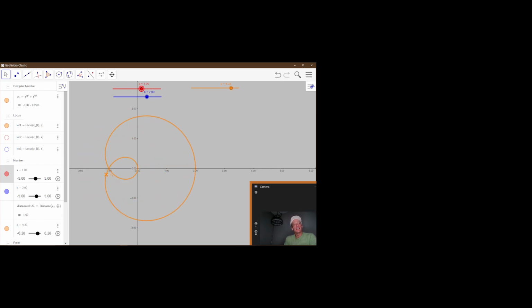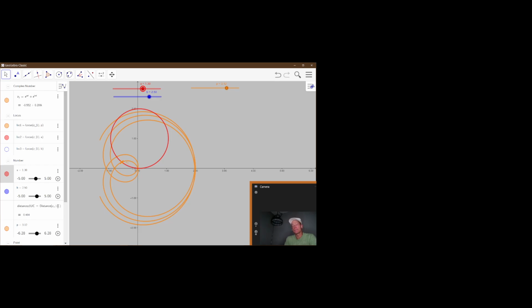Same thing with B, right? Even without moving P, our Z1 will move. So we can find the locus. As A varies, what is the locus of our complex point?